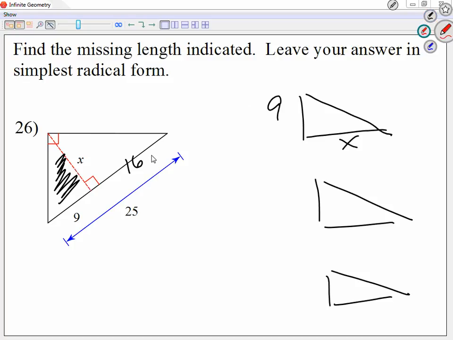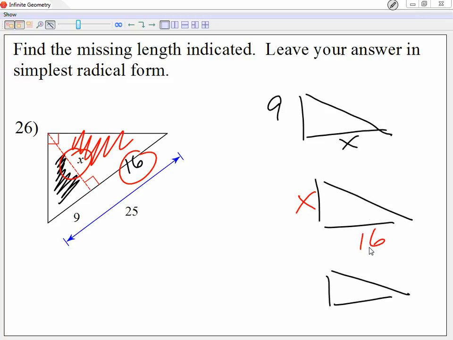If I look at the medium triangle, I know the small side is x, the medium side is 16, I don't know the hypotenuse, so I'm going to set it up like that. I'm not going to look at the big triangle because I already have enough. I'm going to say 9 is smaller than x, and then x is smaller than 16.